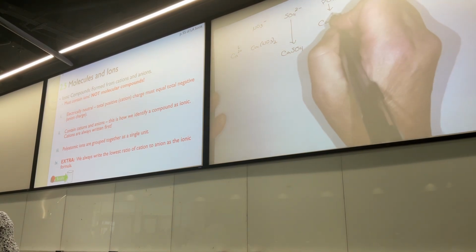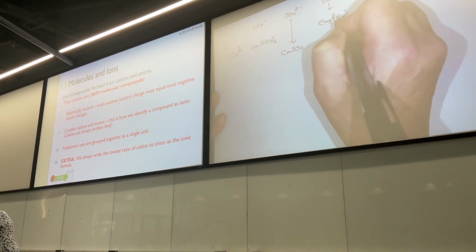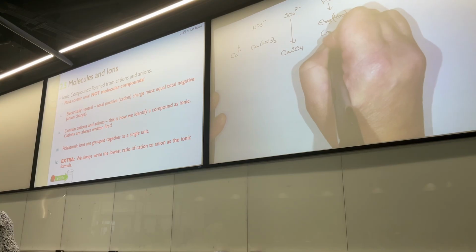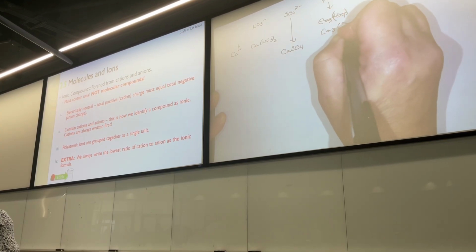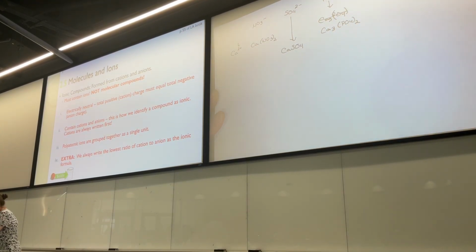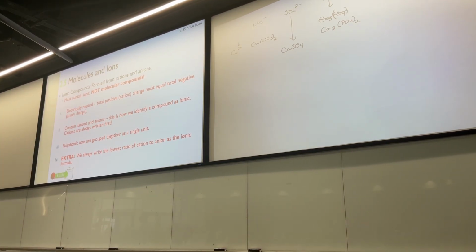The calcium had a 2 on it. I'm going to have to parenthesize, so I'll write it again: Ca3(PO4)2. Or you can use logic. If I have 3 of these, I'll have a +6 charge. If I have 2 of those, I'll have a -6 charge. And that will cancel out.